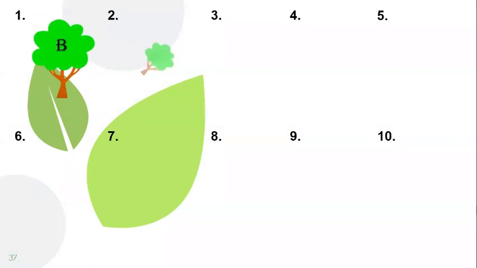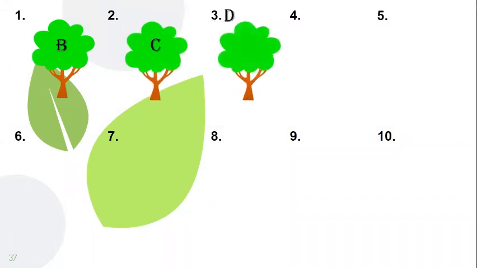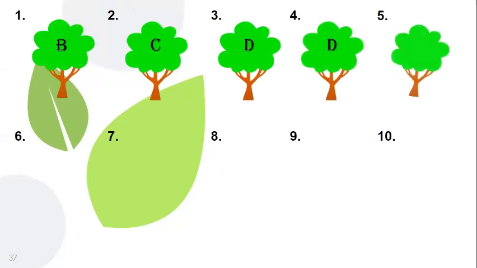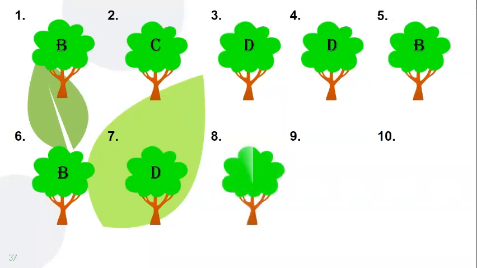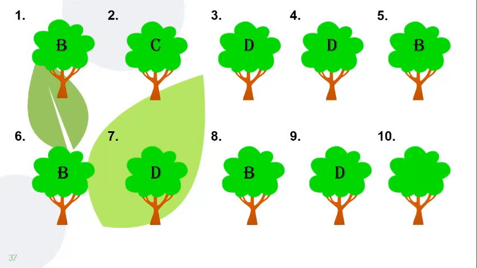It's B. 2, you have C. 3, D. 4, D. 5, B. 6, B. 7, D. 8, B. 9, D. And 10, you have D. Very good.